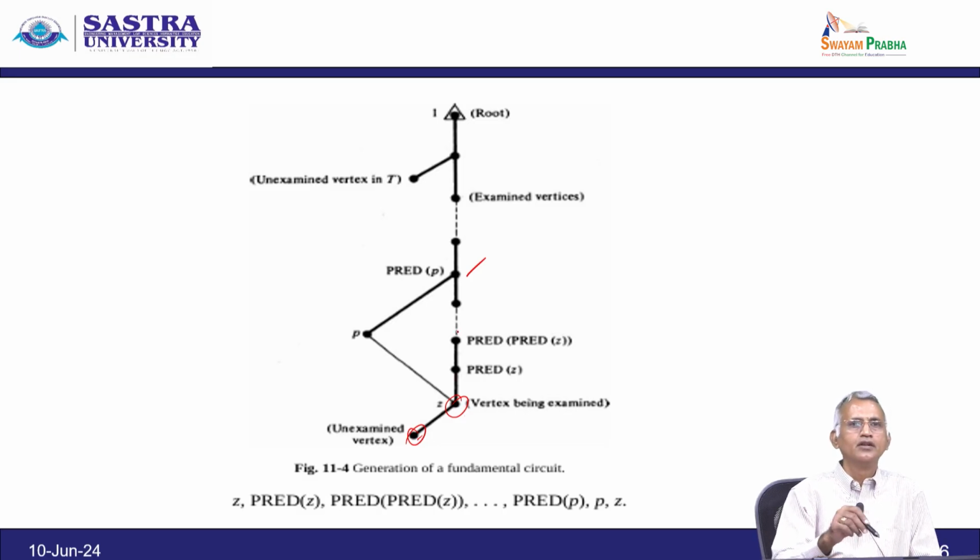If not, you go to whichever path comes next, and examine all the vertices, and finally one graph will come, which is called the fundamental circuit. So, this is the structure of the fundamental circuit graph.